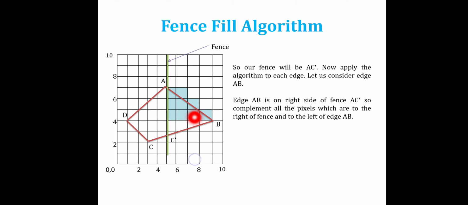We cannot make a pixel partially on; we have to complement it either with the fill color or the background color. So, when the line is passing through the current pixel, I have to make that pixel on, and that is why it looks staircase-wise. This is because we have to make the pixels on when the major part of the line is passing through that pixel. So, this is all regarding the edge AB.